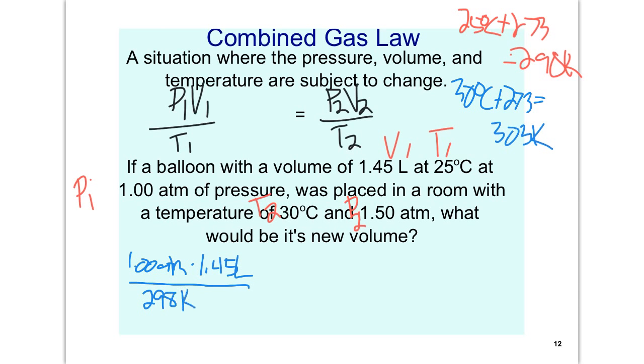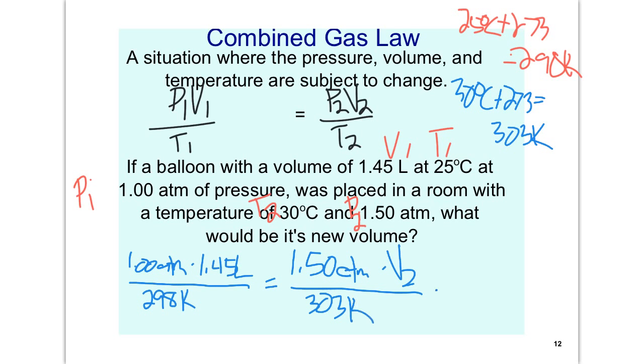And we're going to set all of that equal to our pressure 2, which we define as 1.50 atm, times our volume 2, which is what we want to solve for. And all of that's going to be divided by that second temperature of 303 Kelvin.